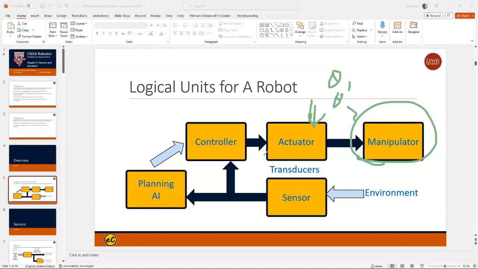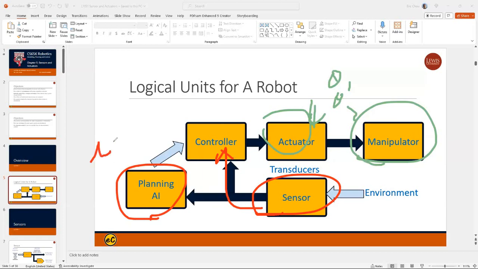That's this portion. Now we are going to look at the overall architecture. We still have a sensor we need to take care of, that senses the environment and sends information to the controller, which also controls the whole robot operation.